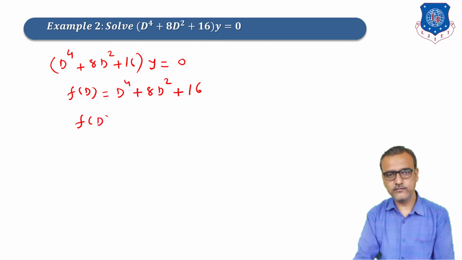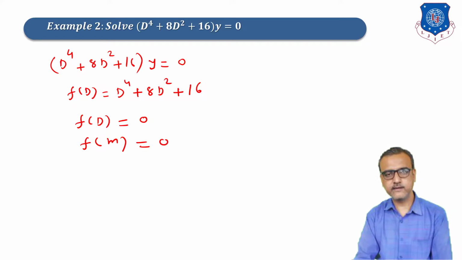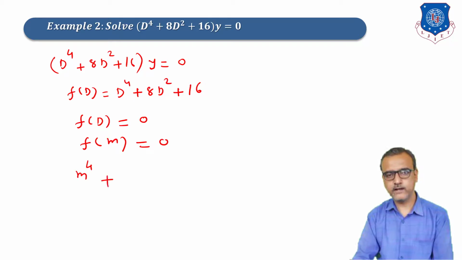Now to solve this differential equation, we will write down f of D equals 0. We will just replace D by m. So we have f of m equals 0. So f of m is replacing D by m in f of D. So we have m raised to 4 plus 8m square plus 16 equals 0.